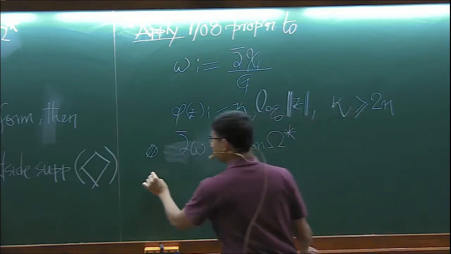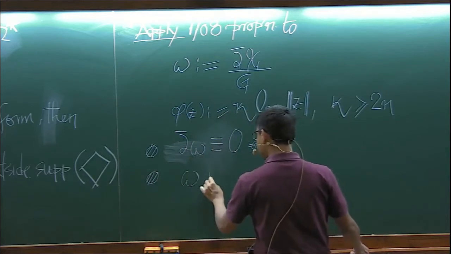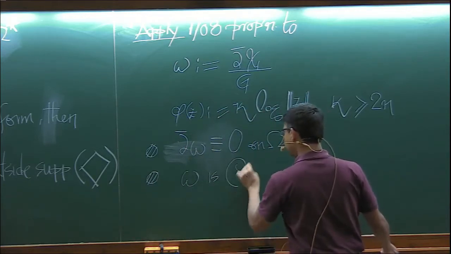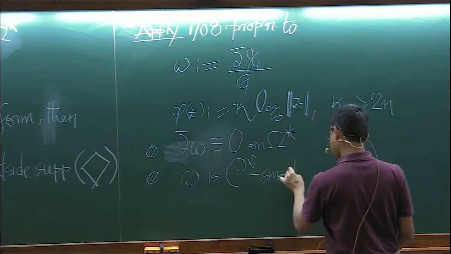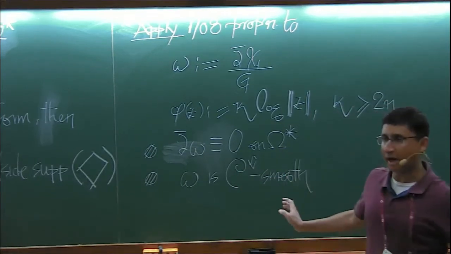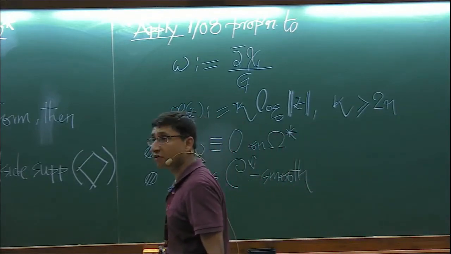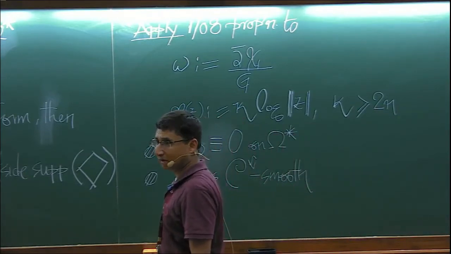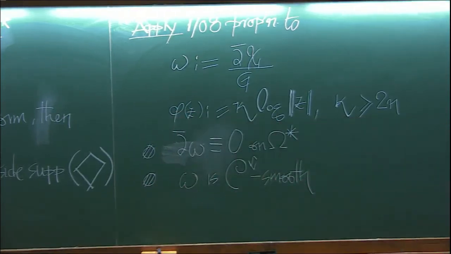And let me also record this. Omega is C infinity smooth. Actually, for what I need, I just need to observe omega is continuous. But let's just state what we have.